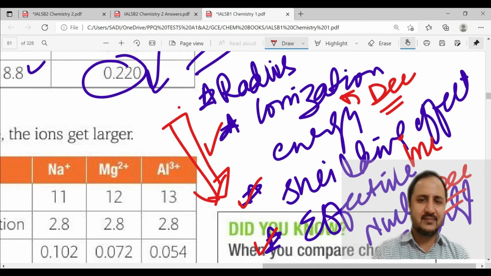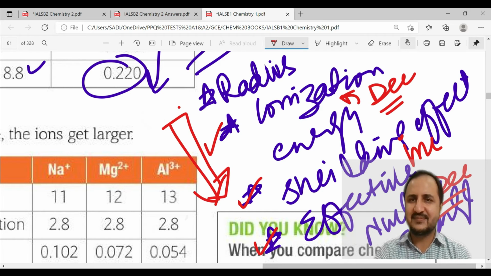What is that effect? The force of attraction. So when you put more shells, you are covering the nucleus. Consider the nucleus to be a magnet. The more you cover it, the more the magnetism is affected. Magnetism here, I mean to say the effective nuclear charge. Are we clear? Shall I move on?